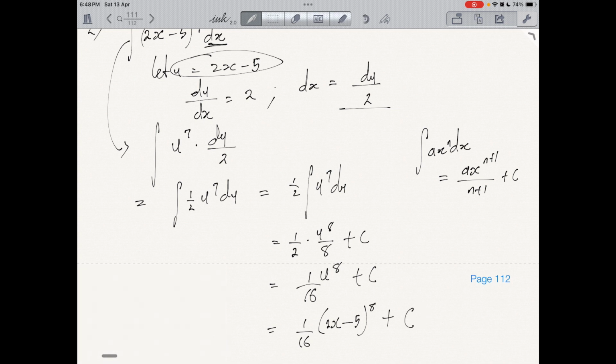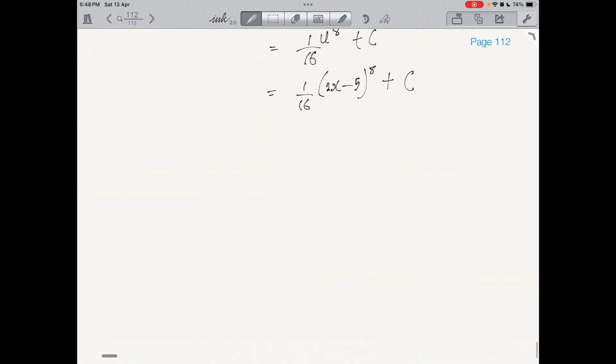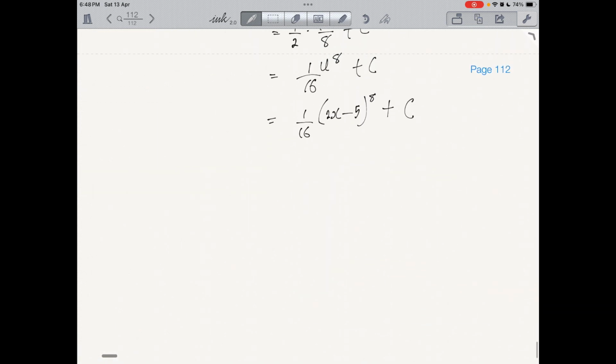Let's take another example. We are asked to evaluate the integral of 4 divided by 5x - 3 with respect to x.